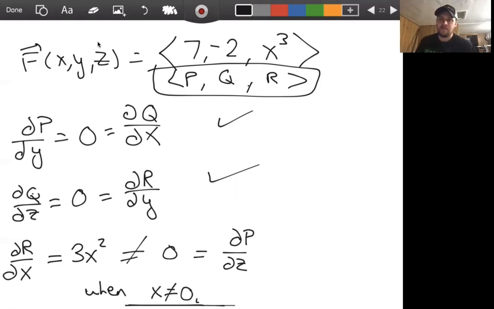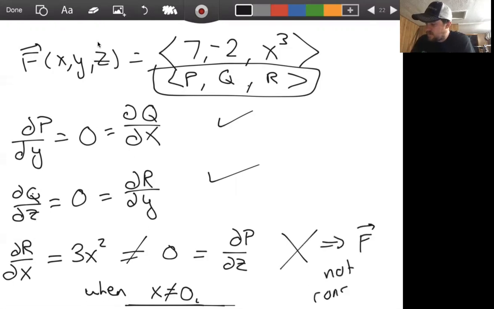And certainly, we can have non-zero x values, right? Non-zero x values are in the domain of this vector field. And so this did not work, which tells me F is not conservative, which means that F votes Democrat.